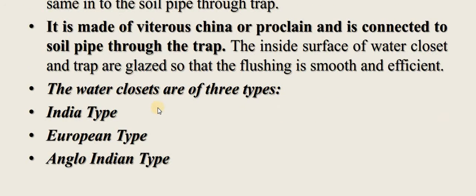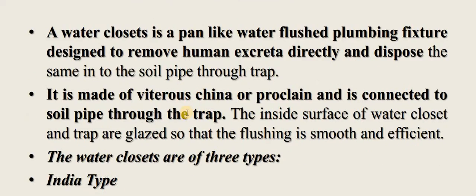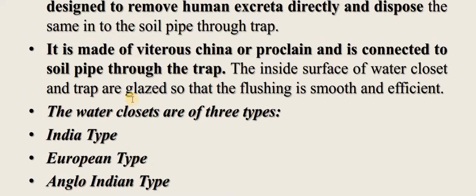The inside surface of the water closet and trap are glazed so that the flushing is smooth and efficient. The water closets are of three types. First of all, you have to understand that a water closet is a WC. This is the pan which is used to collect human excreta, and it is made of vitreous china so that the waste can be easily removed from the surface.